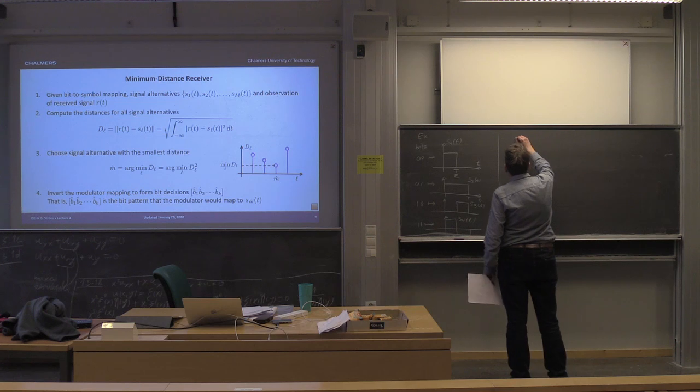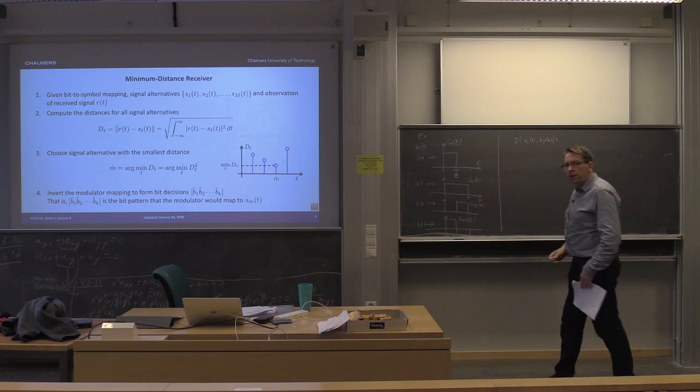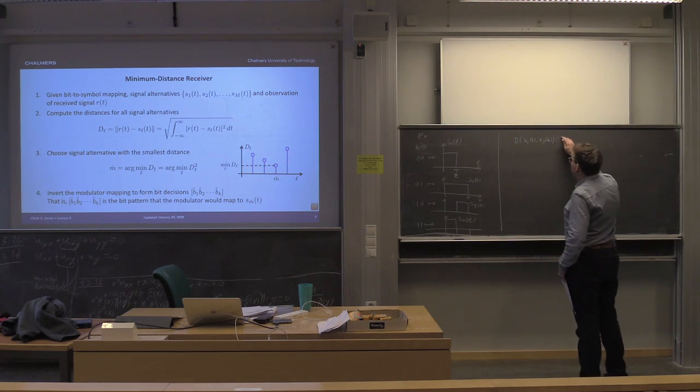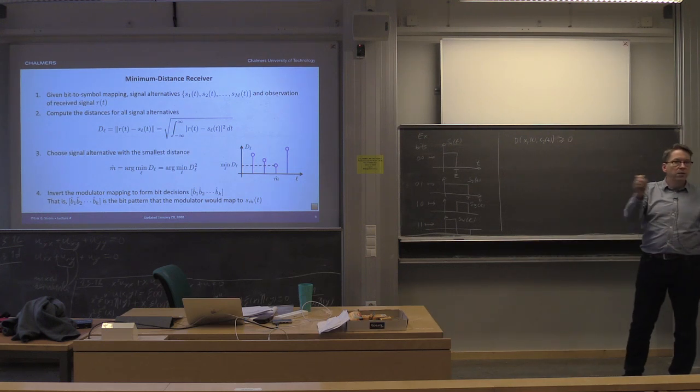So if I'm interested in the distance between two signals, let's call them x1 and x2, what would I like this to be? It should be greater than 0. Okay, distances are greater than 0, so we don't talk about negative distances.